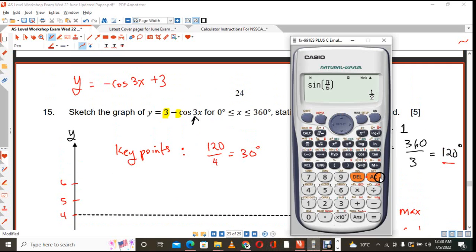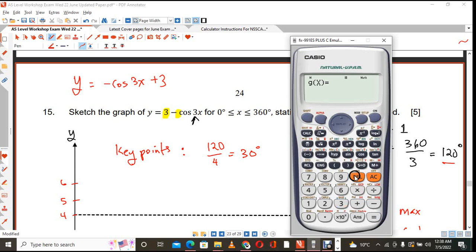This is also something you can use with the calculators that are allowed in the examination. So there's a table function. You go to 7, table function, and I'm going to put this function there. So I'm going to say minus cos of 3x, close it, plus 3, equals.